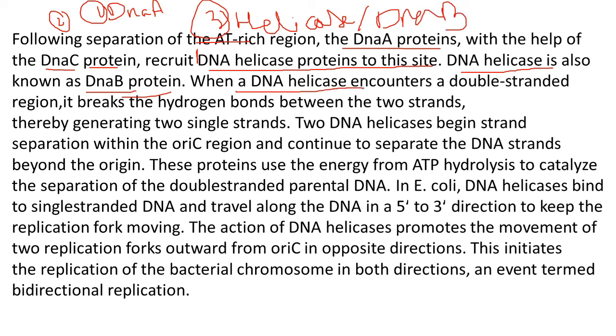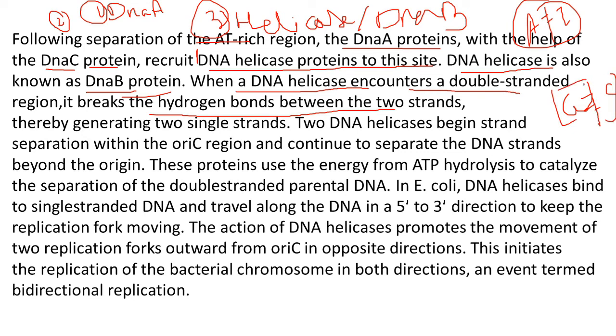When a DNA helicase encounters a double-stranded region, it breaks the hydrogen bonds between the two strands. A and T have only two bonds, and G and C have three bonds. If we try to break the GC region, we have to use more energy, so helicase breaks A and T, which have only two bonds.